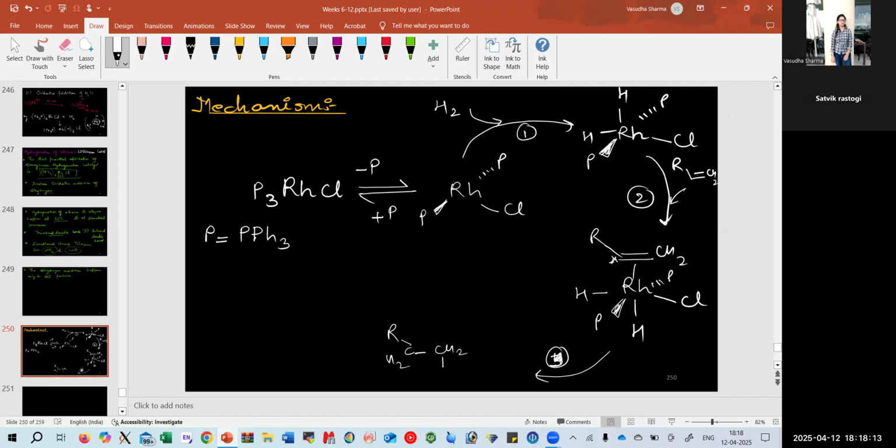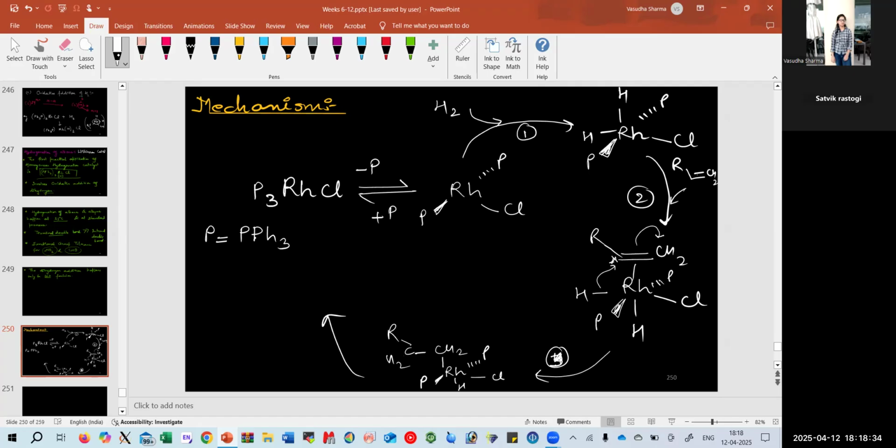Earlier it was a pi bond, now it's a sigma bond with rhodium. Phosphine is there. One H is left, another H is here. The other H has already been transferred here. This would have a minus charge, which will coordinate with your rhodium.